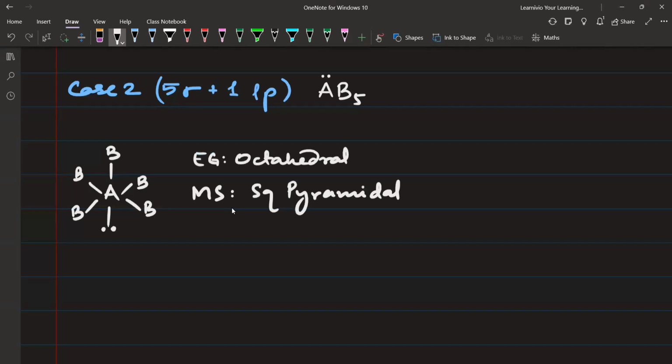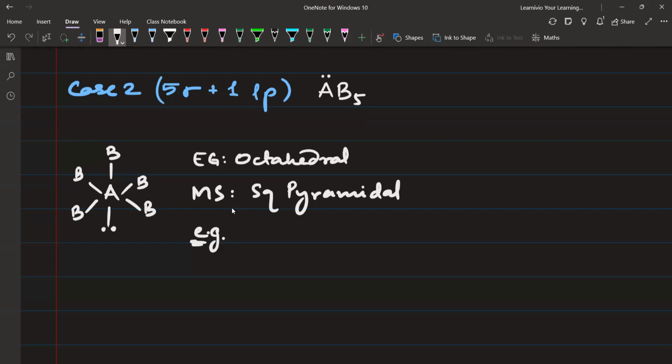So, give me an example. Tell me an example for this case itself. Example, guys. How many of you have now recognized the central atom?